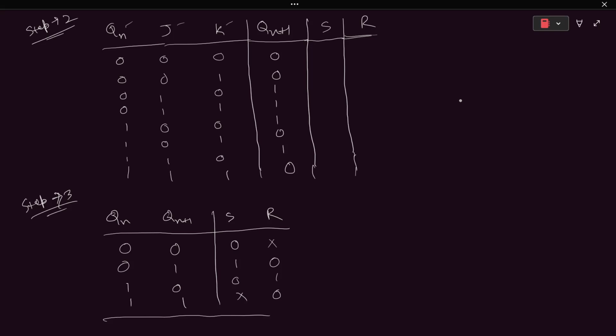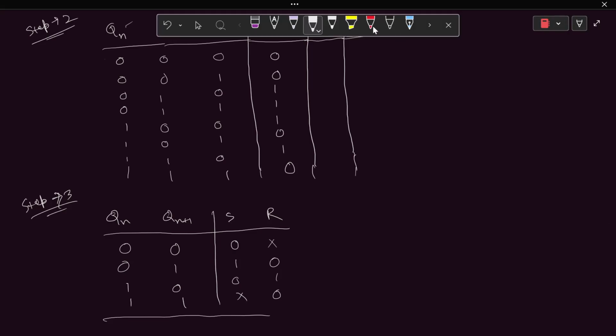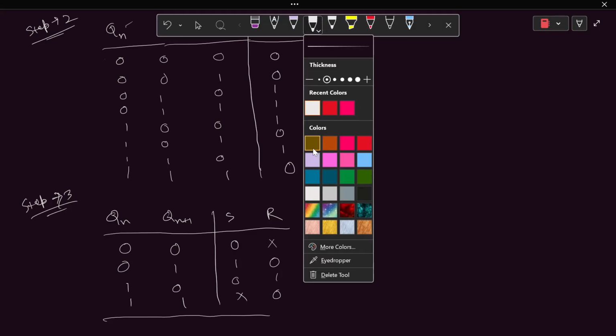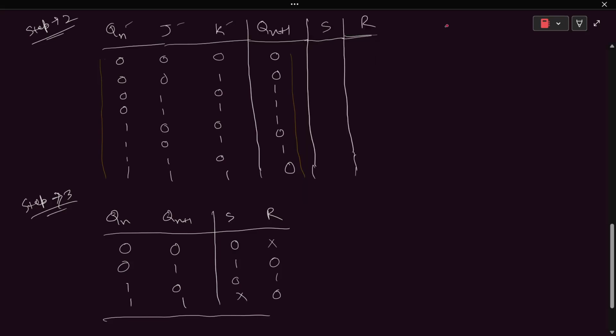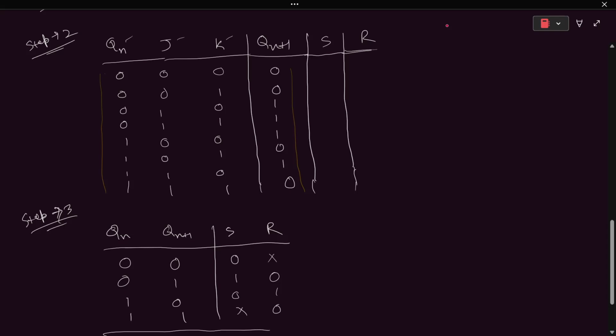Here we use that input and that input, marked with a different color. So SR is what? This is 0 0, this is also 0 0. So 0 0 is 0, not allowed. Let's write it down, 0 not allowed here.